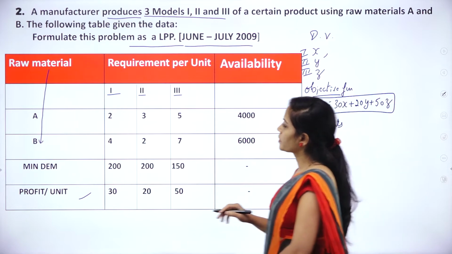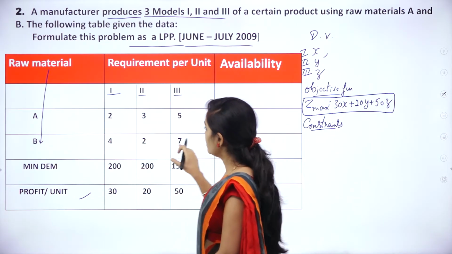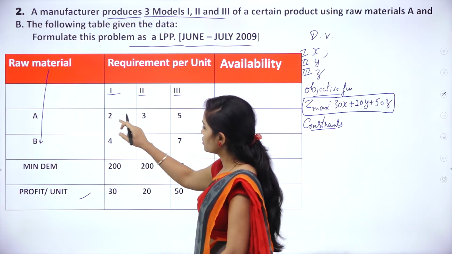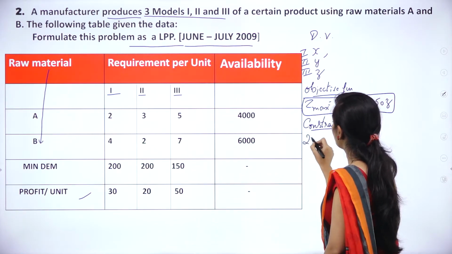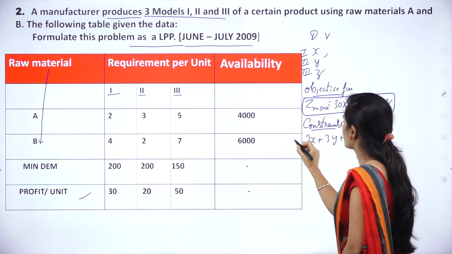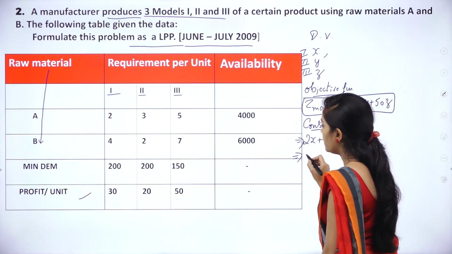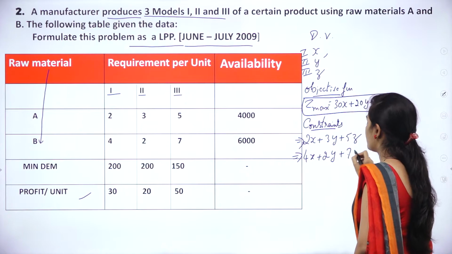Here I have two raw materials, A and B. For the raw materials I have the requirement per unit: 2, 3, 5 and 4, 2, 7. So I will write 2x plus 3y plus 5z as the first constraint, and the second constraint for product B is 4x plus 2y plus 7z.